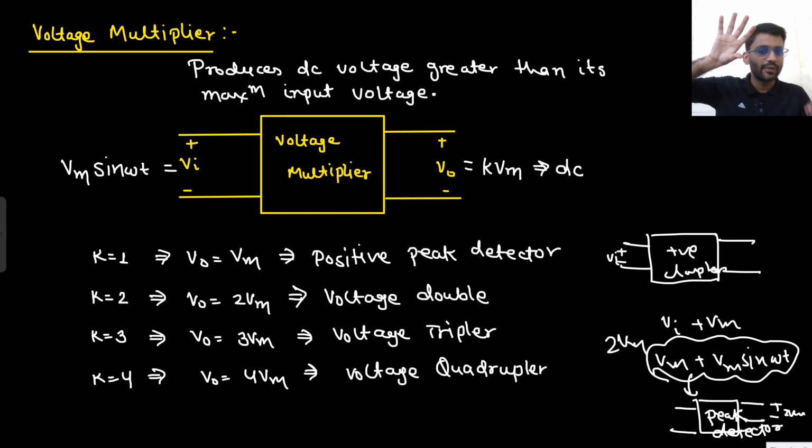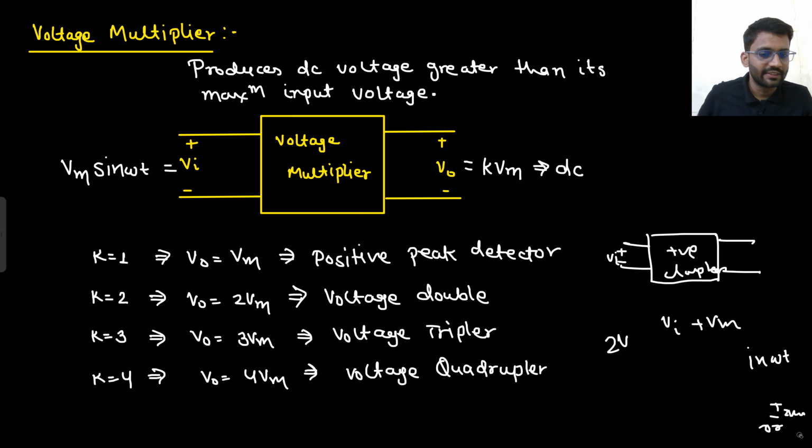So basically what you are going to have is a positive clamper and then a peak detector. Positive clamper means the voltage is shifted upward, so Vi plus Vm sin omega t. And then you just detect the positive peak, that is 2 Vm. That's how you get the voltage doubler, right? So this is what the circuit looks like.